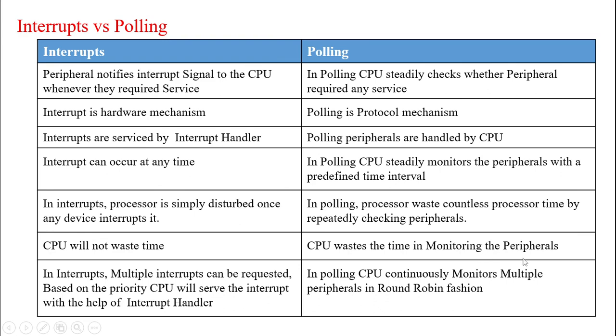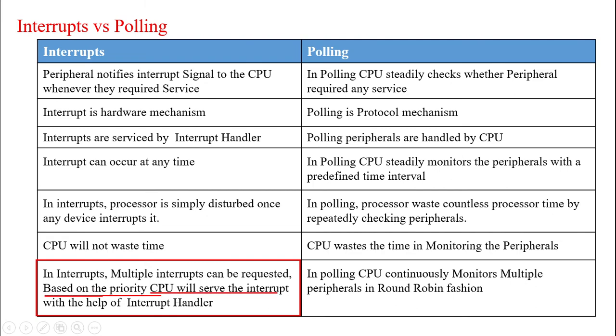Or monitoring the peripheral. So in case of interrupt, if multiple interrupts occur, based on the priority, the CPU will serve the interrupt with the help of the interrupt handler. Try to understand, this is a very important question point. Whenever multiple interrupts are requested, the CPU will serve based on the interrupt priority.